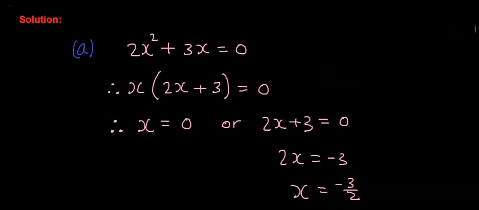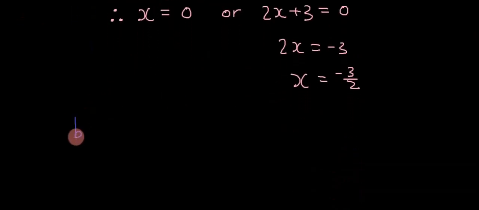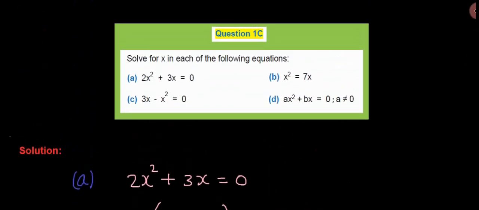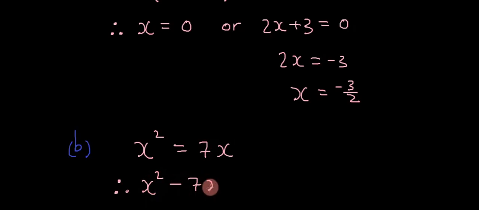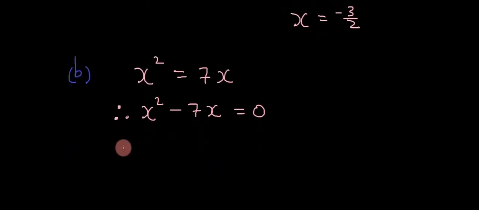Let's look at B. We have x squared equals 7x. We can start by bringing everything to the left-hand side. Now we can take out x as a common factor.